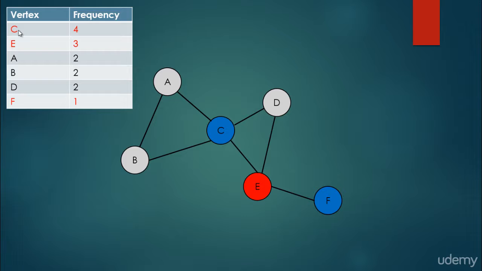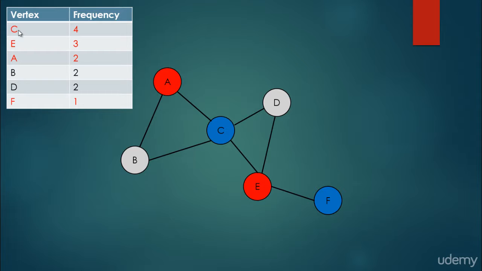And of course we start with the highest frequency because the next highest frequency is E. We start with it. We assign a chromatic number, or now a color, red, and we try to find another vertex. So we iterate through the list. For example, the A is a good one.